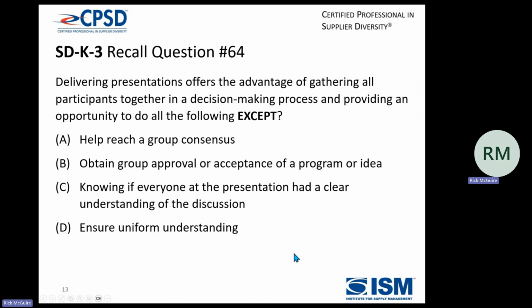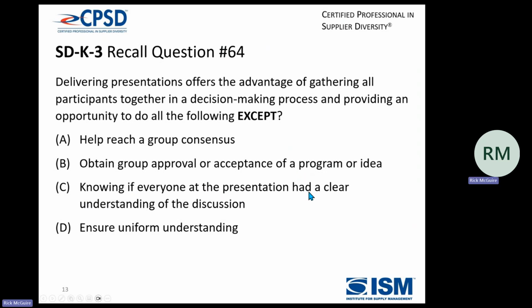Okay, delivering presentations offers the advantage of gathering all participants together in a decision-making process and providing an opportunity to do all of the following except which one is not right. Help reach a group consensus. No, that'll work. Obtain group approval or acceptance of a program or idea. No, that should work.